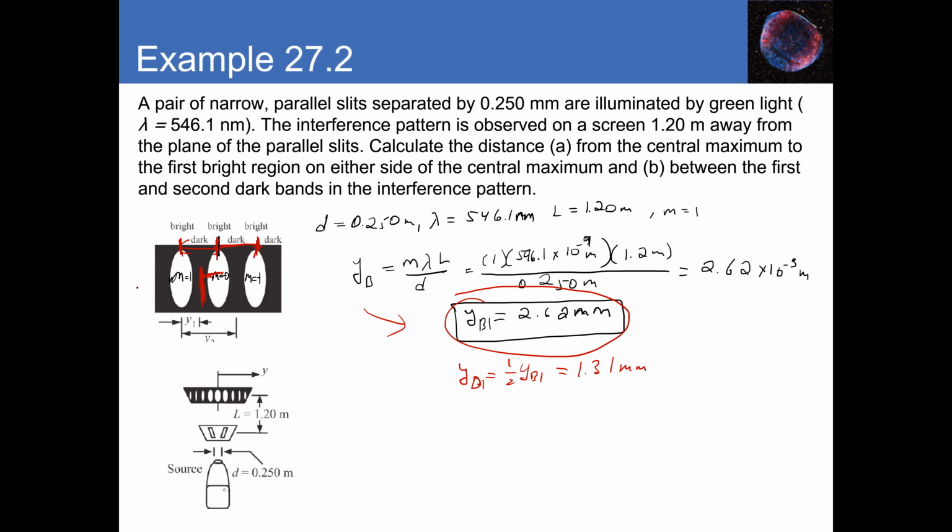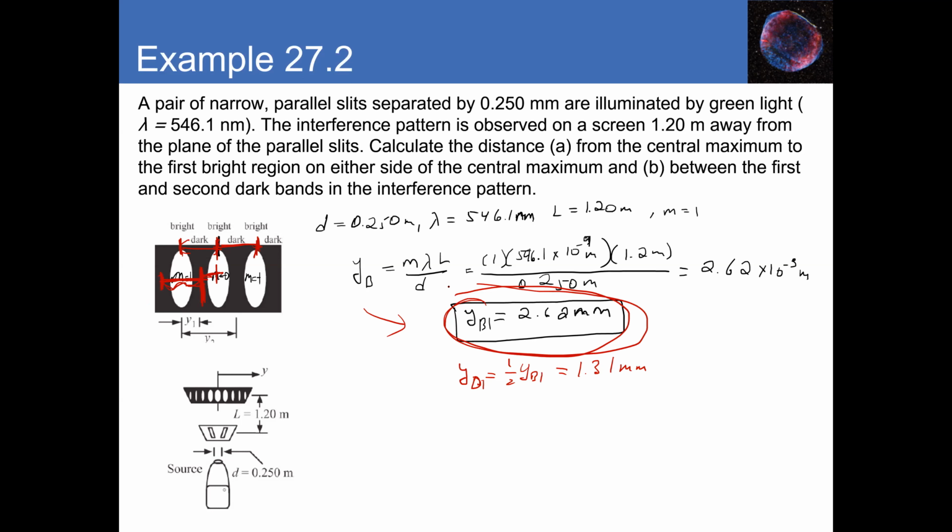Then this is the second bright fringe. Oh, sorry, second dark fringe. Looking between the first dark and the second dark, we want pretty much that distance.